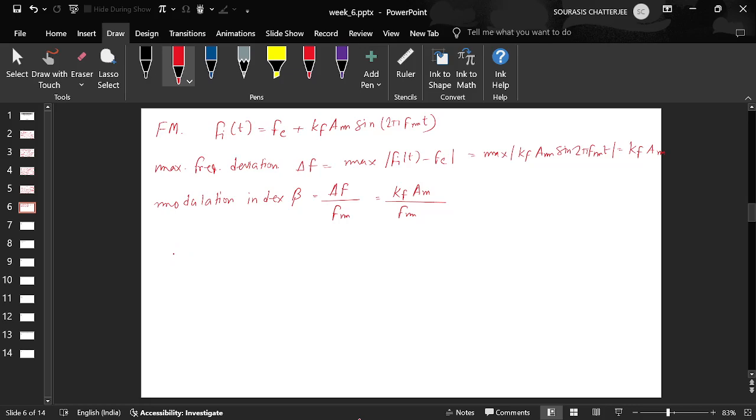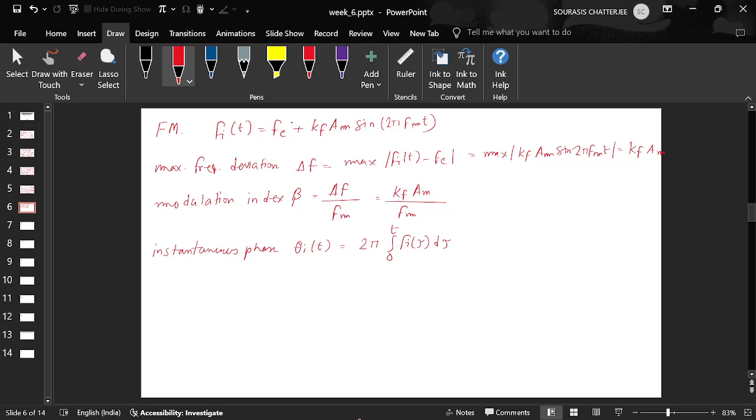Now if we move into the instantaneous phase for the frequency modulated signal, because your frequency is instantaneous, that would lead to the instantaneous phase expression as follows: theta i(t) is nothing but 2 pi integration from 0 to t of the instantaneous frequency fi(tau) d tau.